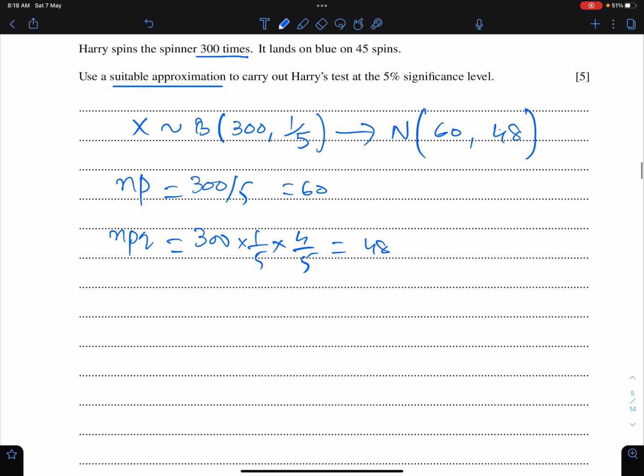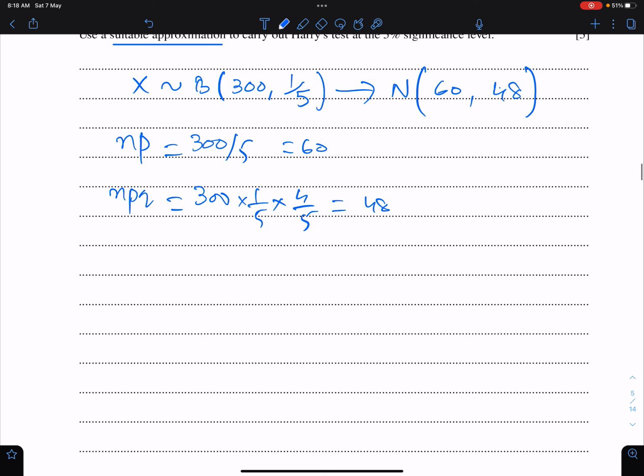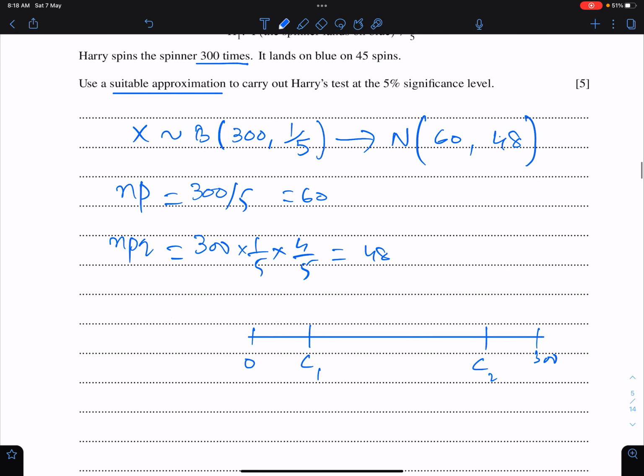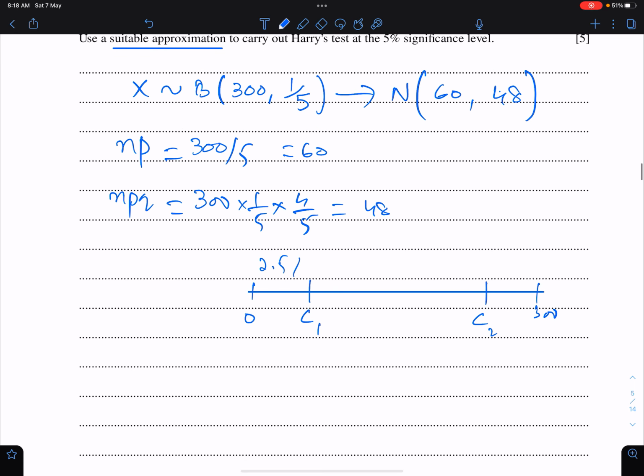Since the test is two-tailed, there are two critical regions. The percentage is 5%, so 2.5% is here and 2.5% is here.